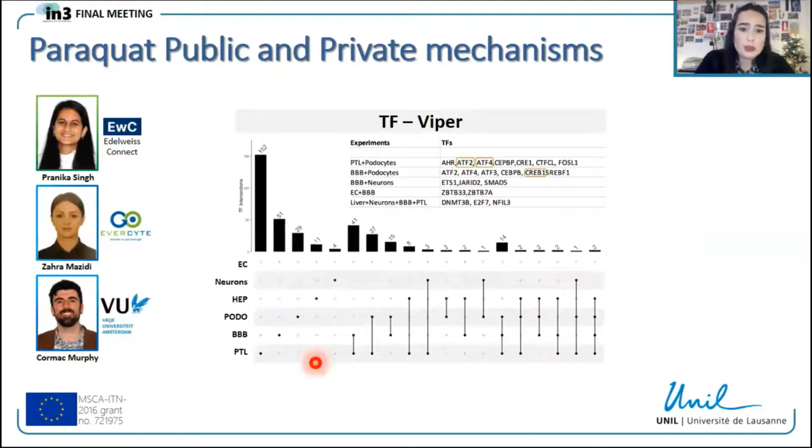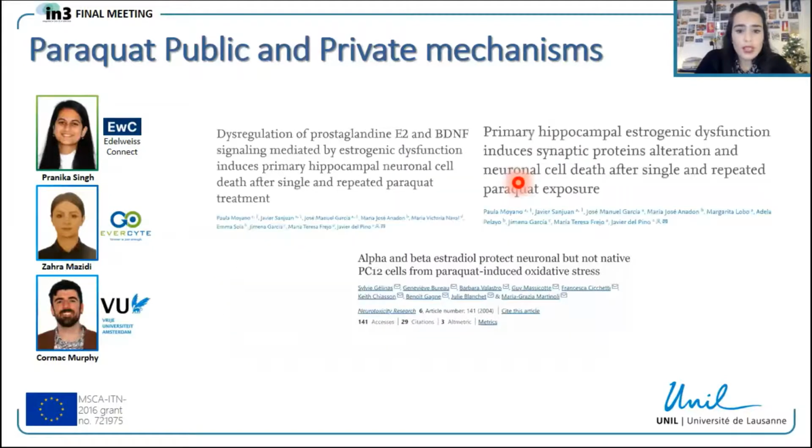And even when we look at the transcription factors that could be affected using this VIPER package in R, we see also some transcription factors coming through as potentially affected that are linked to these estrogen and androgen pathways. And indeed, when we do some bibliography research, we already see estrogen being affected by Paraquat in the brain. So we are quite enthusiastic about these results.